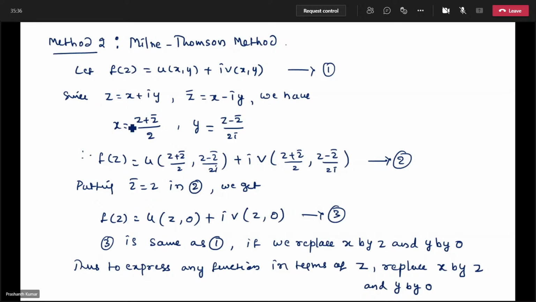You will get the function f of z. Very simple. Just replace x by z, y by 0. You will get f of z, a function.